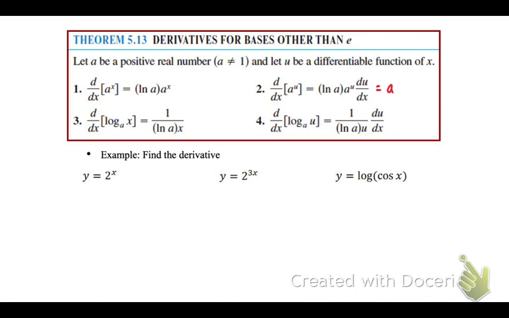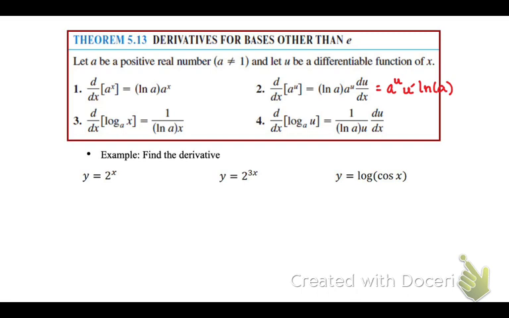Anybody else not like that order? I would write a to the u, u prime, natural log of a. I might like that order depending on what u prime is, but I don't like the order when I write it. So that is the exponential rule when our base is other than e.